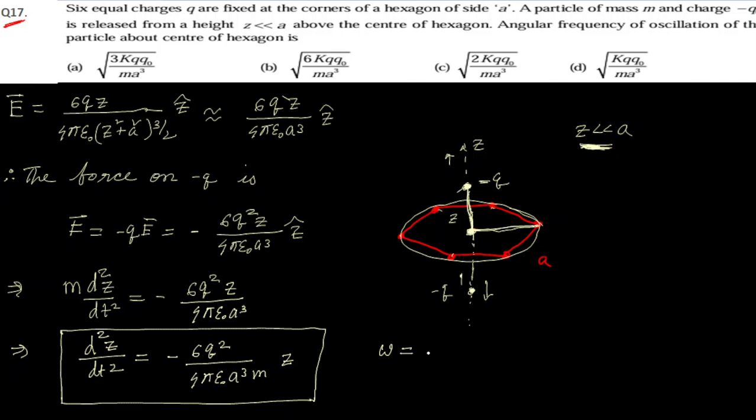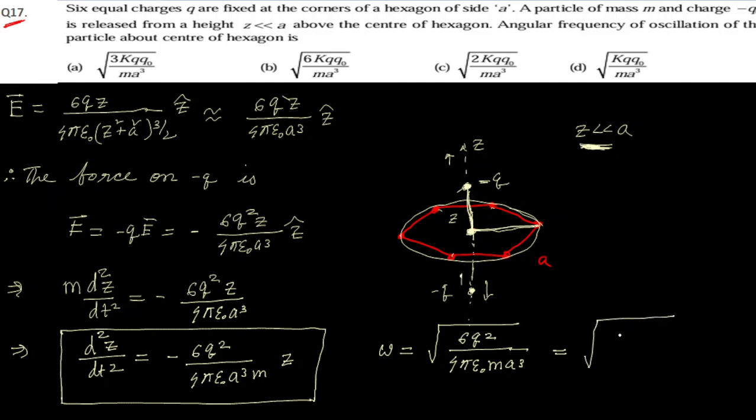So the angular frequency will be the square root of 6q square divided by 4 pi epsilon naught m a cube. But in the options it is written in terms of k, so we can write 1 by 4 pi epsilon naught, the Coulomb constant, equals k.